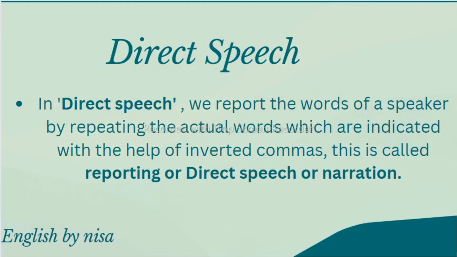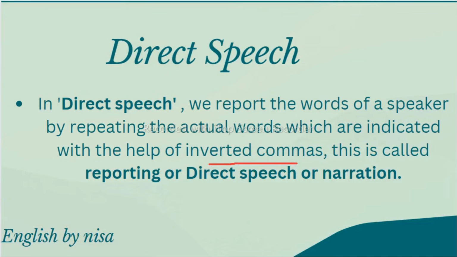In direct speech, when we give the exact words that the person has used, it is called direct speech. The spoken words are put within inverted commas. As you can see here, in direct speech we report the words of a speaker by repeating the actual words of the speaker, which are indicated with the help of inverted commas.